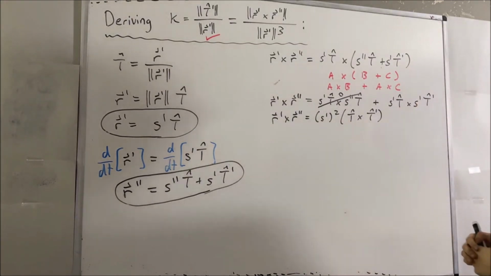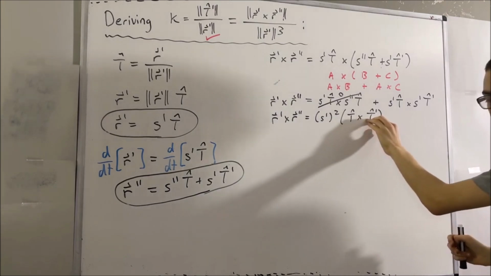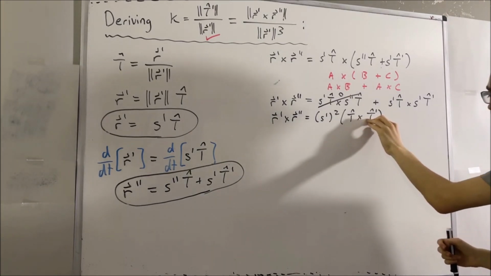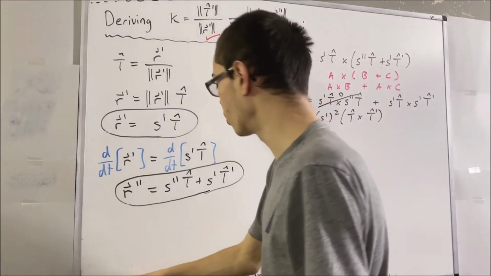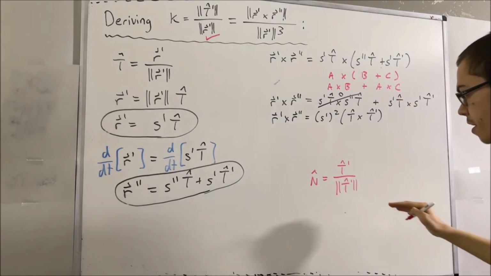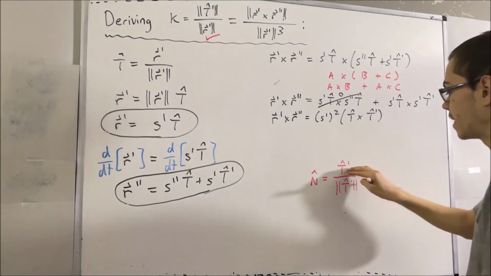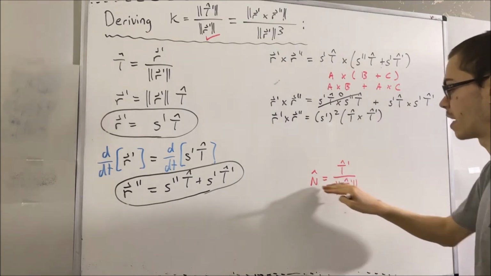Now what we're going to do is re-express t prime in terms of the unit normal vector. Turns out it's going to be useful if we do that. Now, if you recall, the unit normal vector is given by this definition. Therefore, if we multiply magnitude of t prime on both sides, we get that t prime is magnitude of t prime times the unit normal vector.